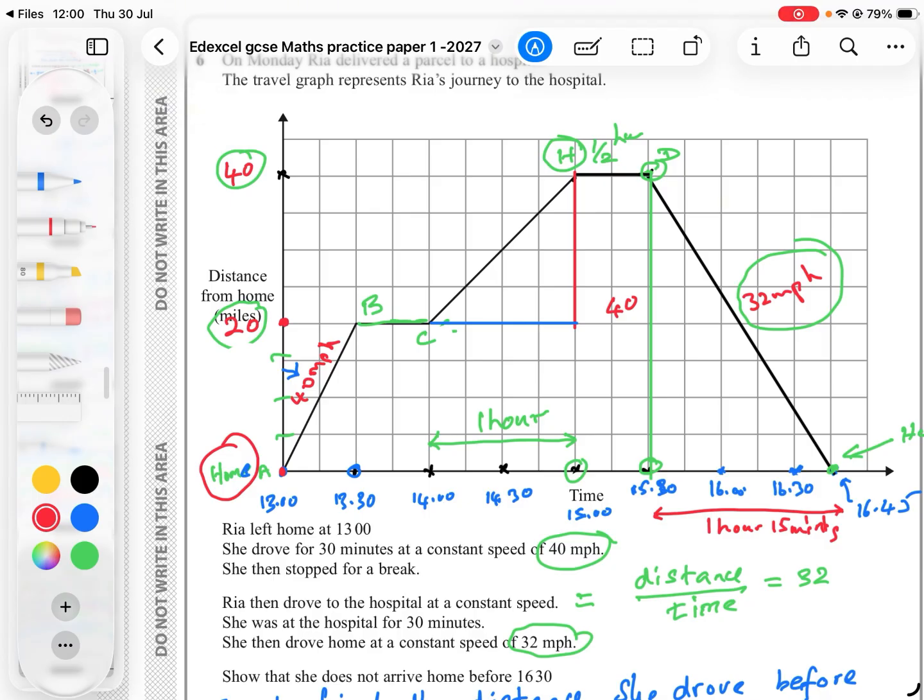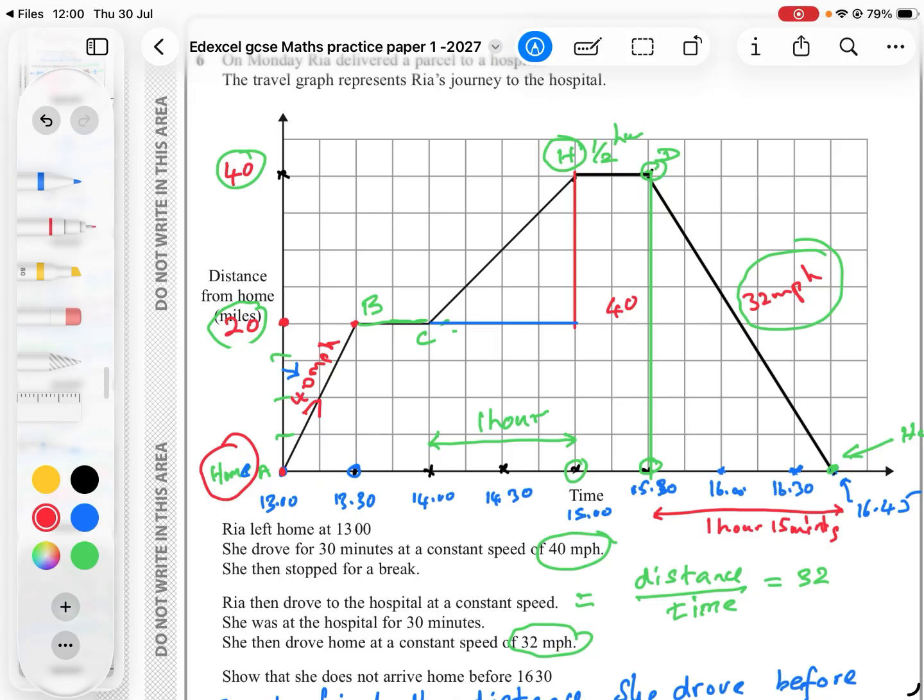She then stopped for a break. So you can say at B. Ria then drove to the hospital at constant speed.